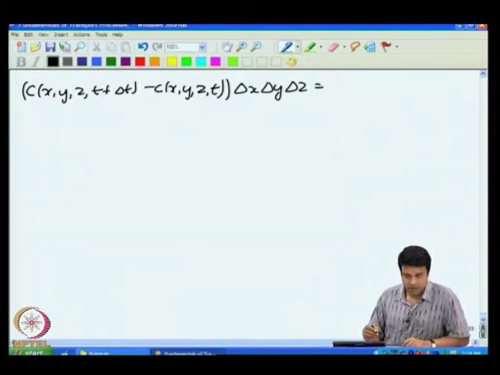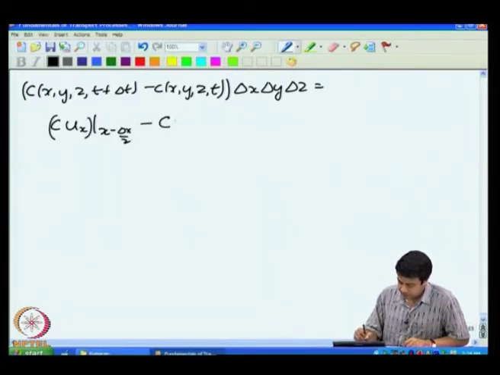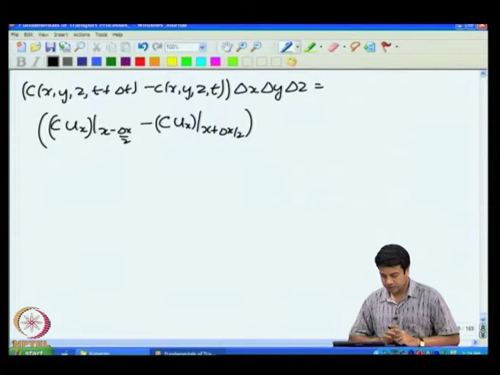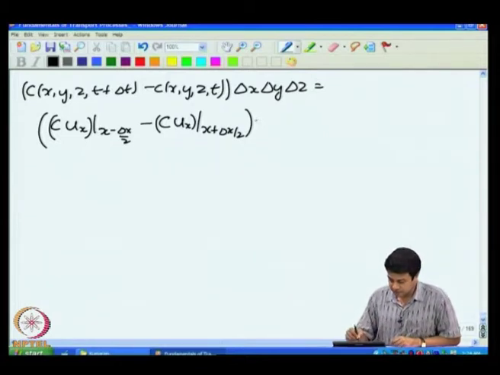First, due to convection, the mass in at the front and back faces is going to be Cux at x minus delta x by 2 minus Cux at x plus delta x by 2, into area into time, for the front and back faces, the area is delta y delta z, delta t.